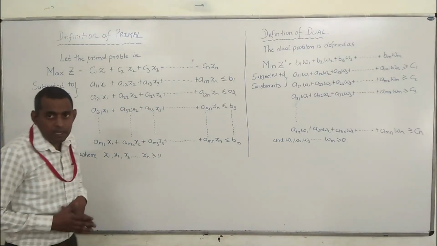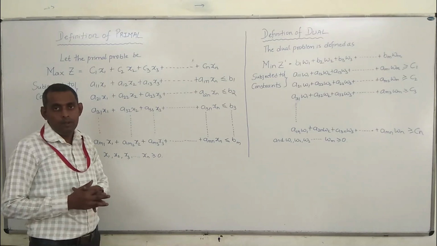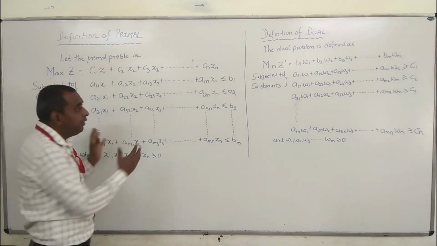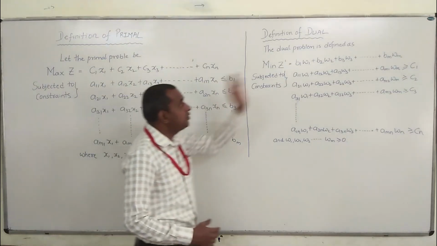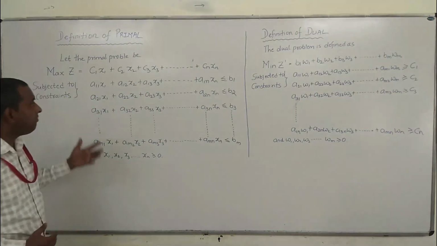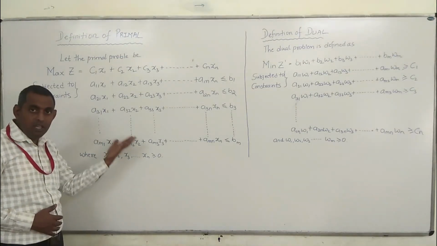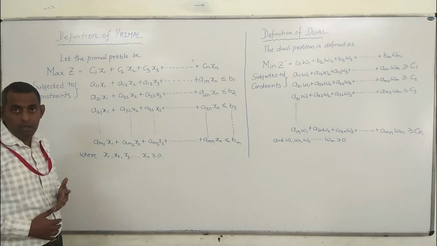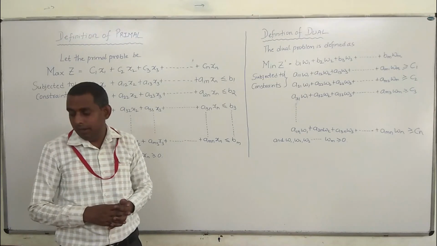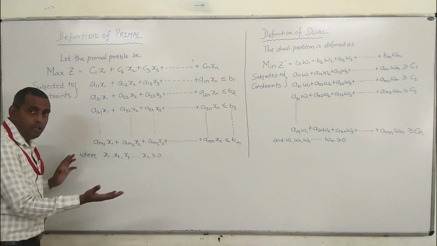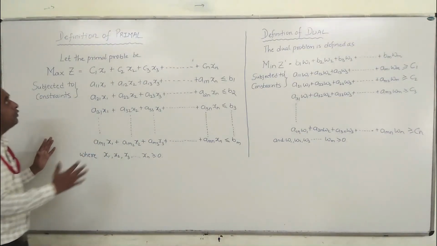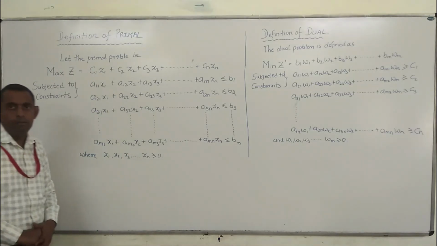And the coefficient matrix of the primal will get transposed in the dual. The variables in the primal and the dual are non-negative. So these are the 6 rules, and this is the definition of primal and dual. Fine. Thank you.